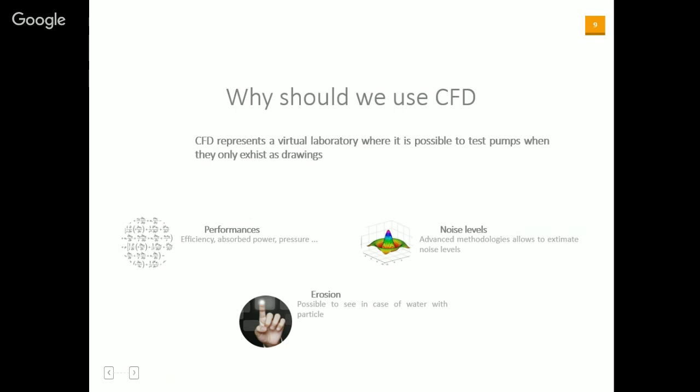But not only this, we can also use more advanced techniques in order to calculate the noise levels, and in some cases it is possible to calculate the erosion, which in particular is due to particles immersed in water.